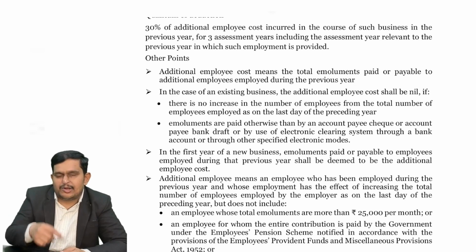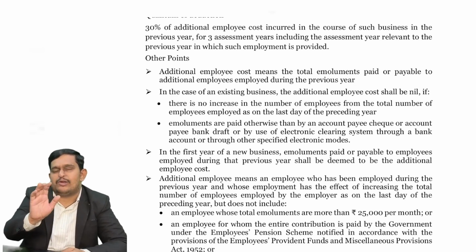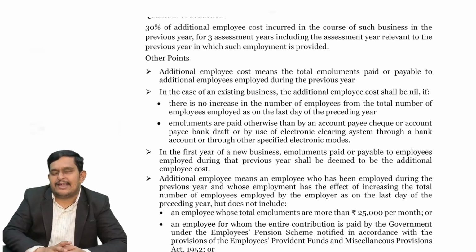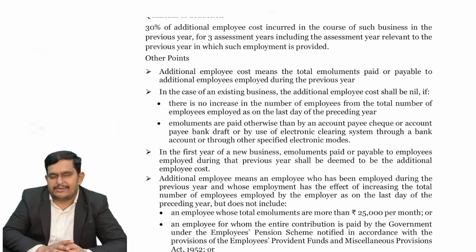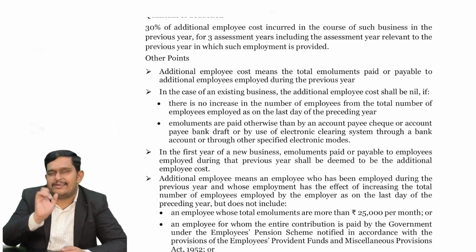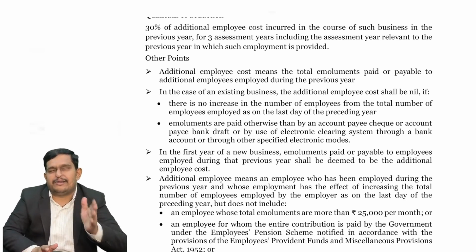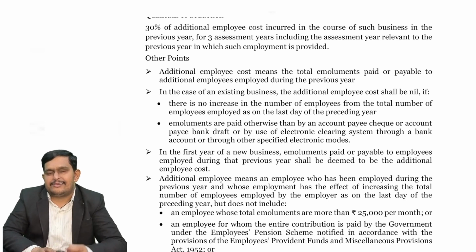All are hired because it's a new company, new business. So that's why on 31st March, whoever is on payroll is treated as an additional employee. But in subsequent years, what happens? You may hire new employees. So the employees at the end of the previous year minus employees at the start of the previous year, this is called additional employees.